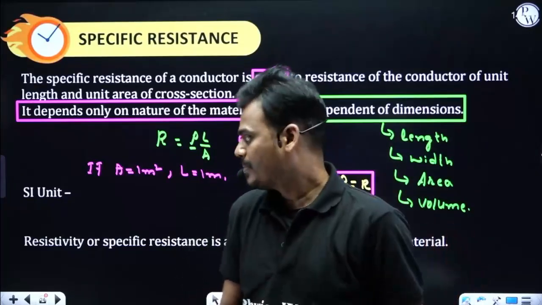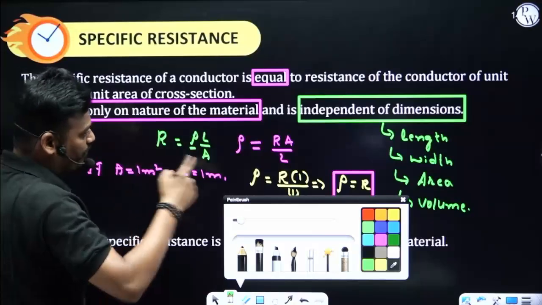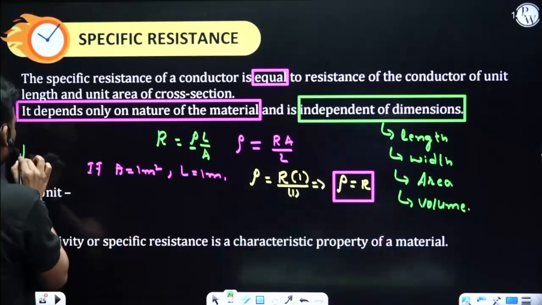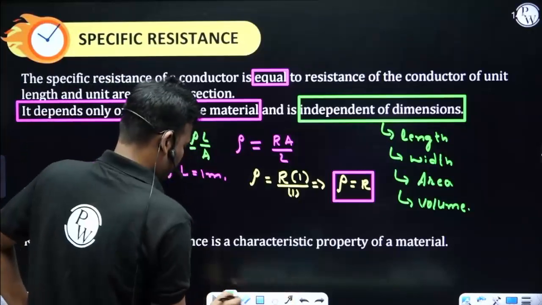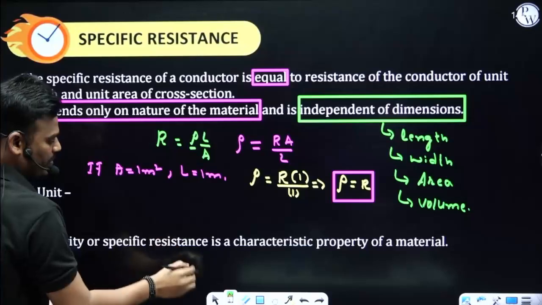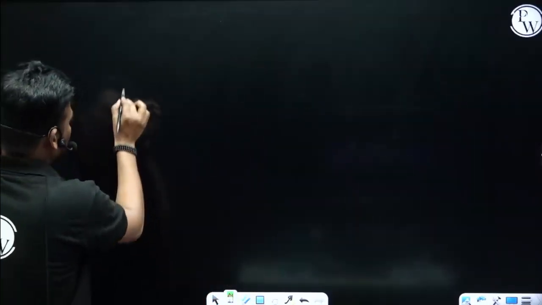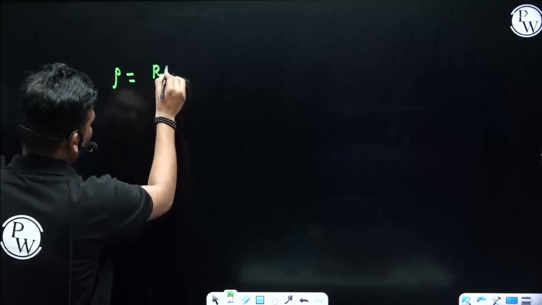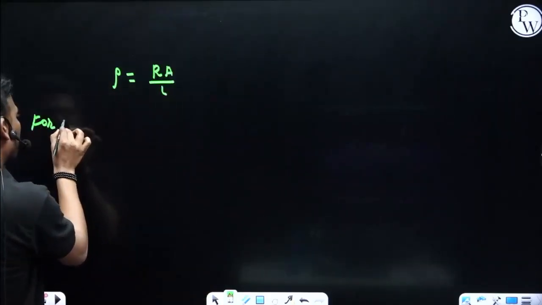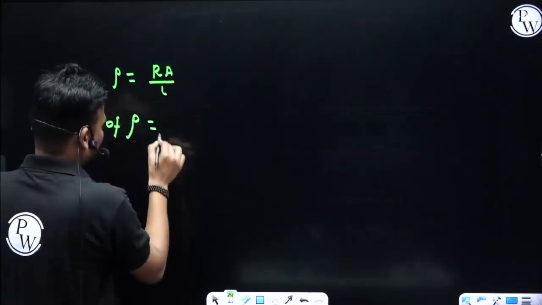Got it? Now, what is the SI unit of specific resistance? Let's consider this one. After rearranging, resistivity equals R A divided by L. For the unit of resistivity, what is the unit of resistance?